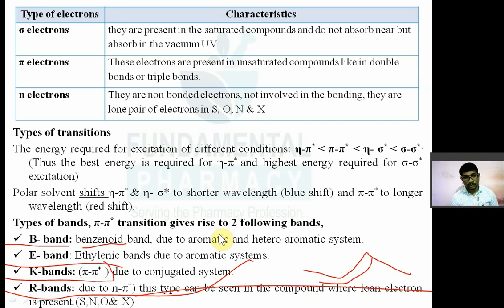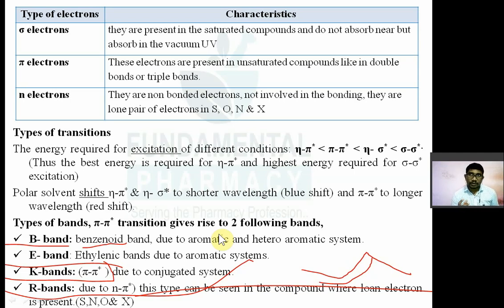Due to pi to pi star transition there is a K band, and E band is also due to pi to pi star transition but in ethylenic. B band is also due to the pi to pi star transition but in a aromatic ring or benzoid structure or heteroaromatic ring.